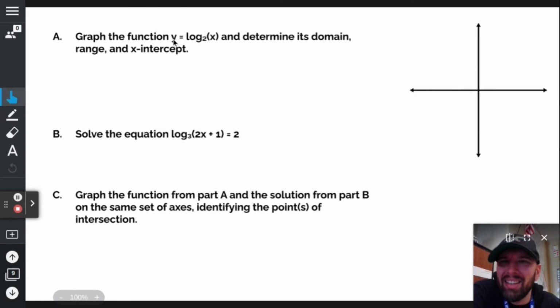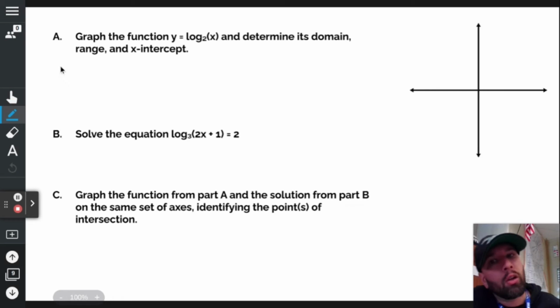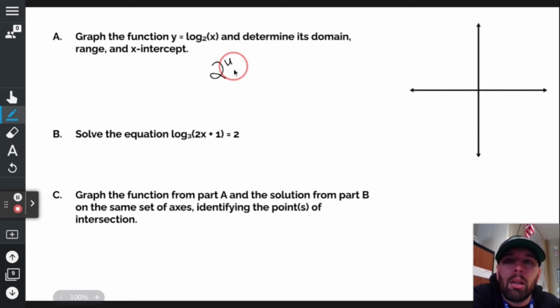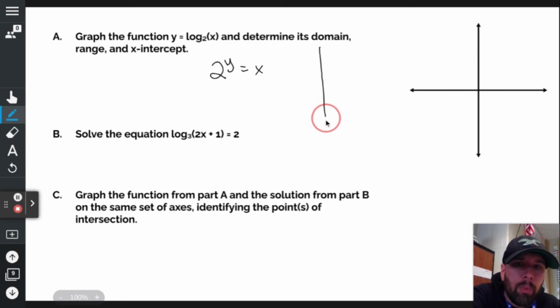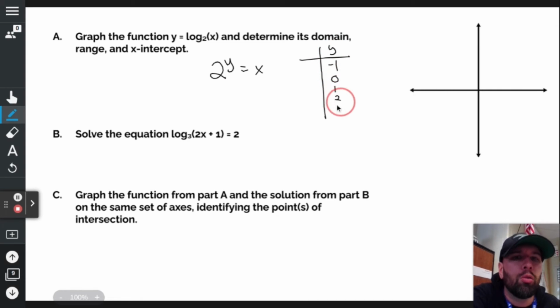I did. Okay. Graph the function y equals log base 2 of x and determine its domain. So what I'm going to do is write this out in its exponential form so I can graph it. So 2 to the y equals x. I'm going to plug in a bunch of y values like -1, 0, 1, 2, 3, and that'll give me some x values.